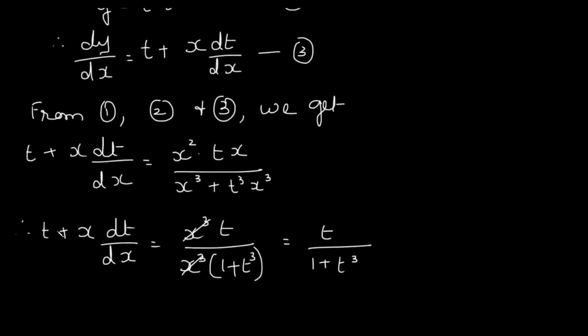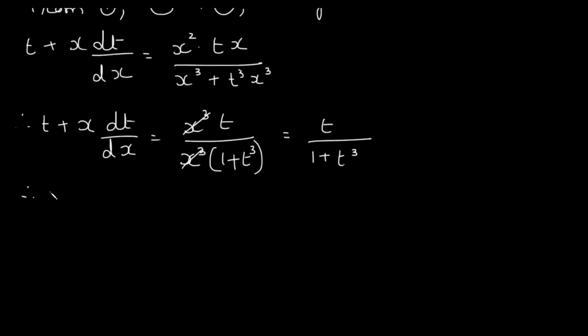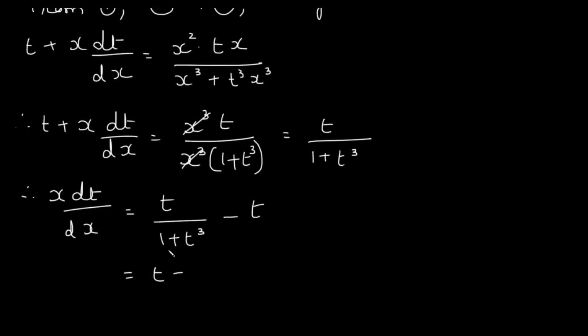Now in the next step we will take this t on the LHS to the RHS, so x dt upon dx is equal to t upon (1 plus t cube) minus t, which becomes (t minus t raised to 4) upon (1 plus t cube).